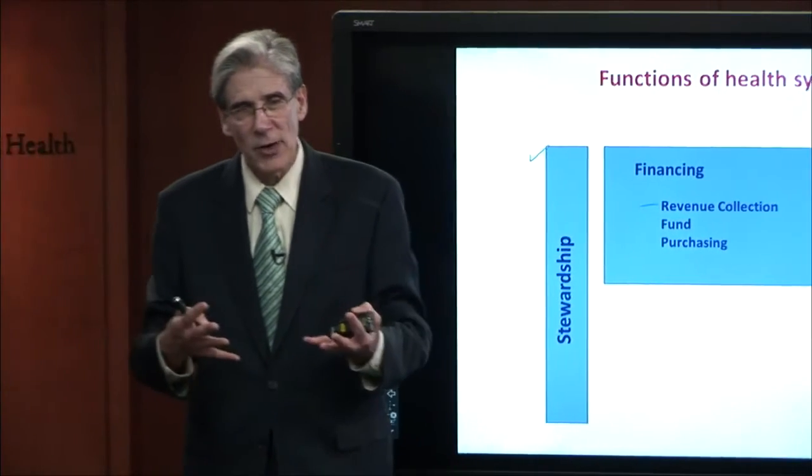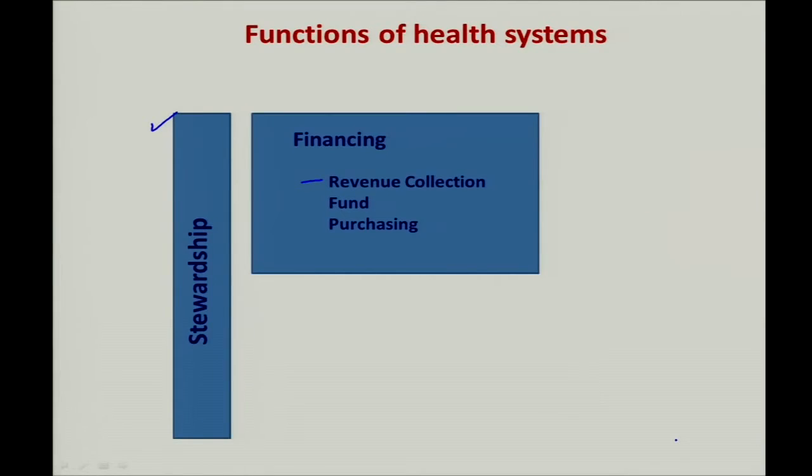How do you collect revenue? Either you have a system that collects taxes, or you have premiums that you need to collect, or you charge people out-of-pocket. Then, this should say pooling. So then you pool those revenues into funds, and that's very important with insurance schemes, where you can actually neutralize risk.